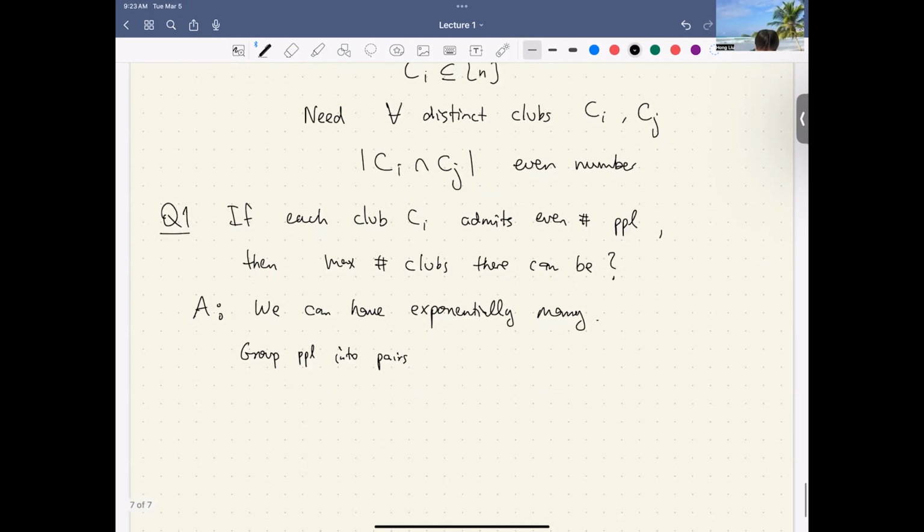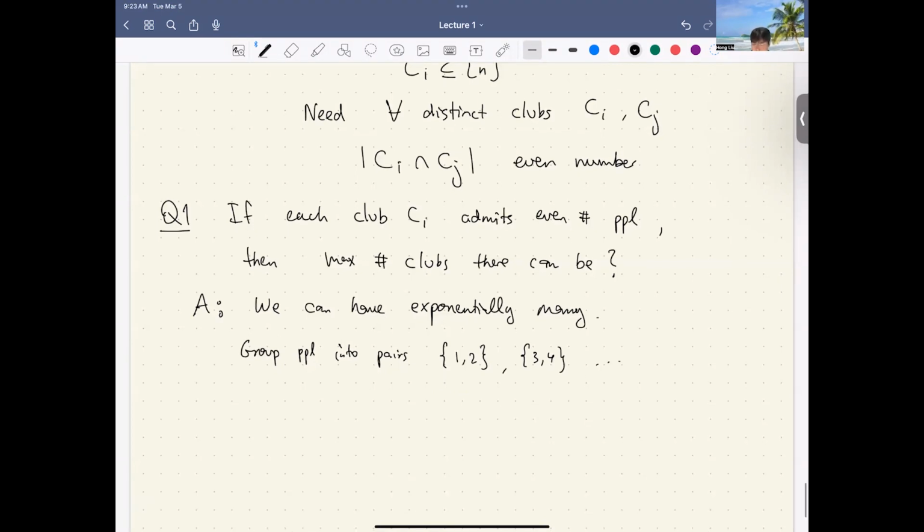Let's say 1, 2 is a pair. Person number 3 and person number 4 is a pair. And then person n-1 and person n is a pair. For simplicity, n is an even number, so I don't need to consider the leftover case. So we group them into pairs.